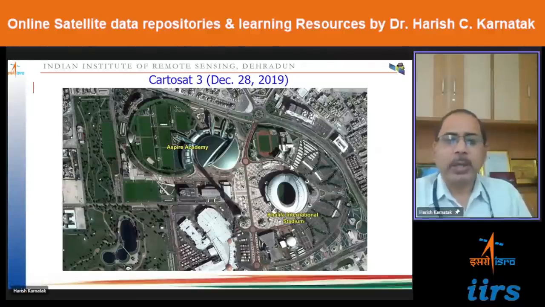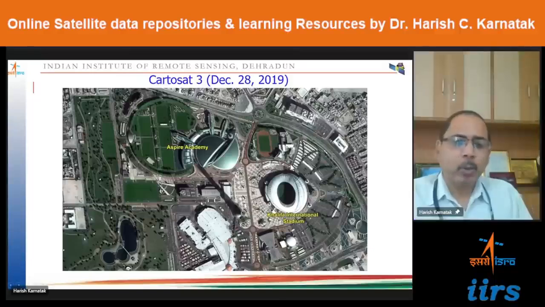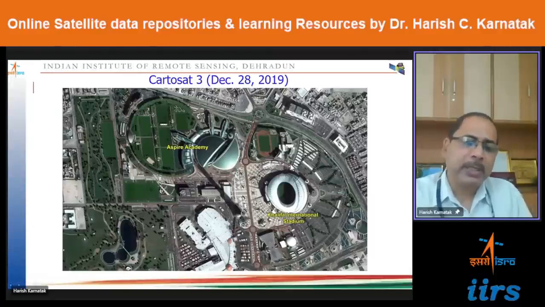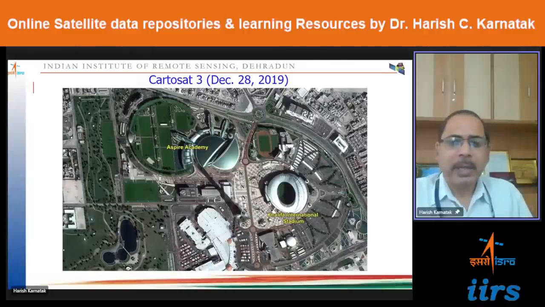What does it mean? 27 centimeter spatial resolution means that when I am capturing data from the satellite, I can detect two objects separately if they are located 27 centimeters apart. You can understand, if on the Earth's surface two objects are 27 centimeters apart, then my satellite can capture them as separate objects.